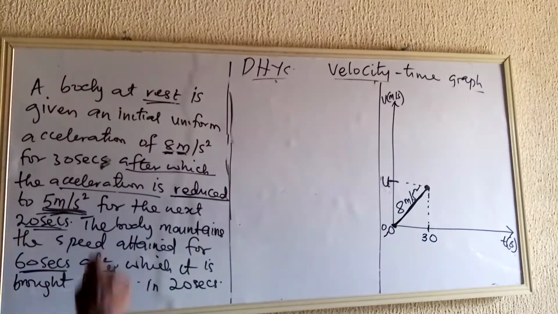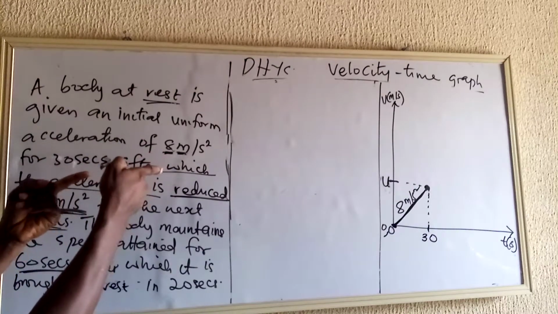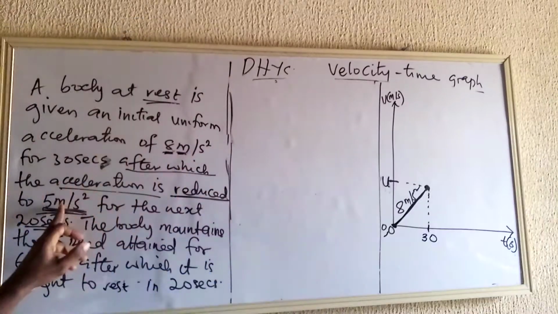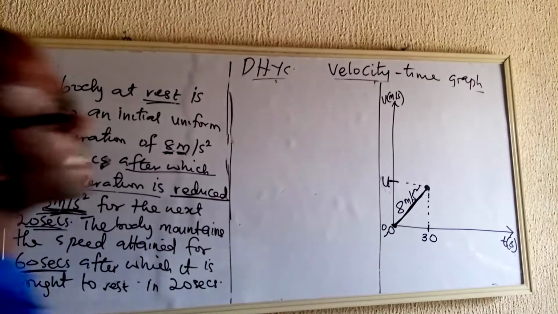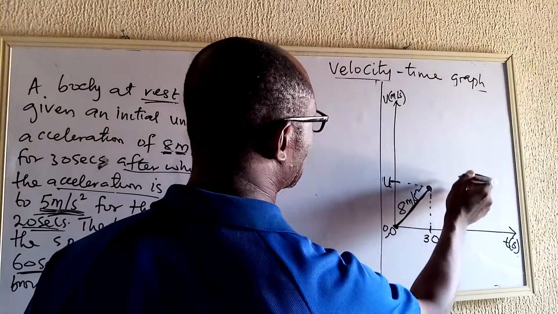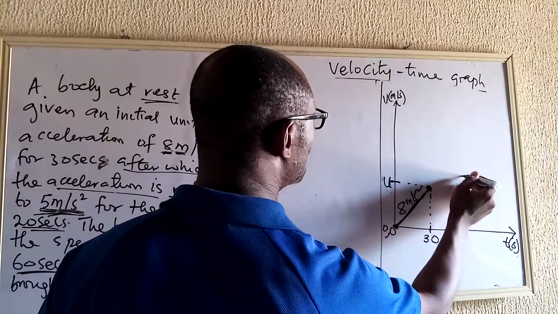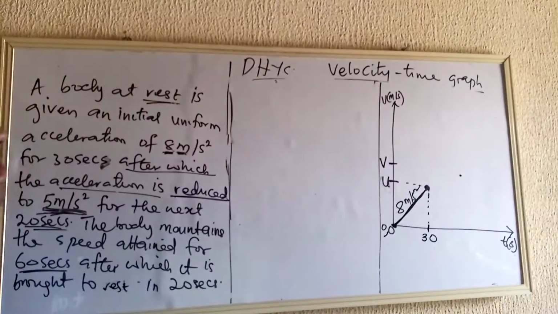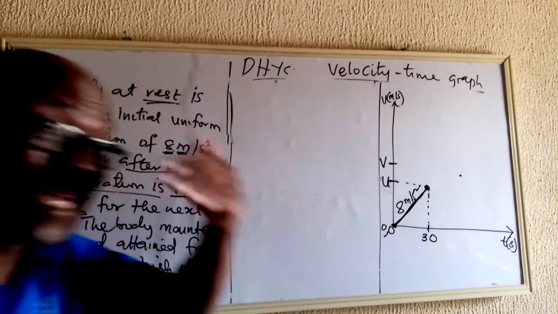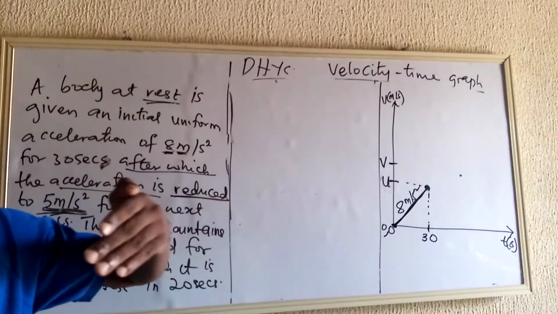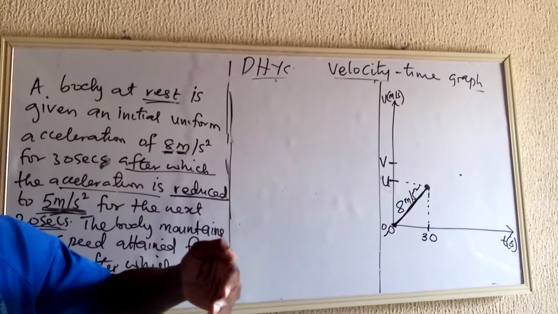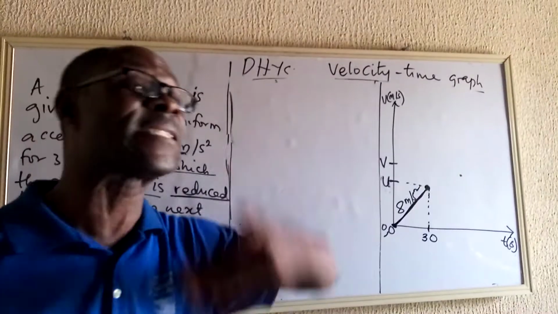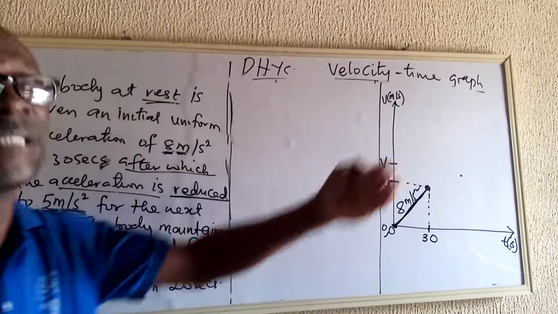So the only thing they are telling us here is that the acceleration has changed from 8 to 5. So there will be another velocity reached. Let me call it V. Why would there be another velocity reached? Because, like I said the other time, anytime a body accelerates, it will surely bring a new, higher velocity than the initial.